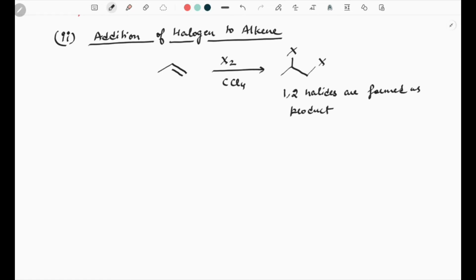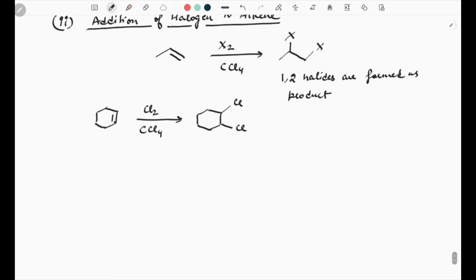For example, if you start with cyclohexene in case of chlorine, in carbon tetrachloride as a solvent, what you will get is 1,2-dichlorocyclohexane.